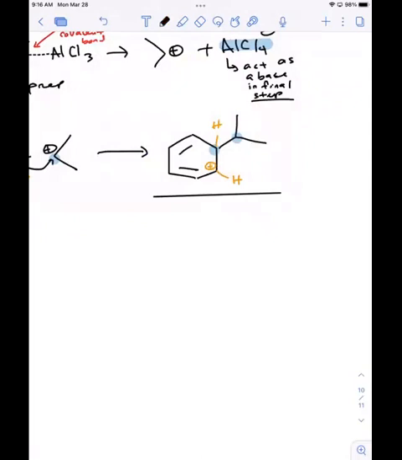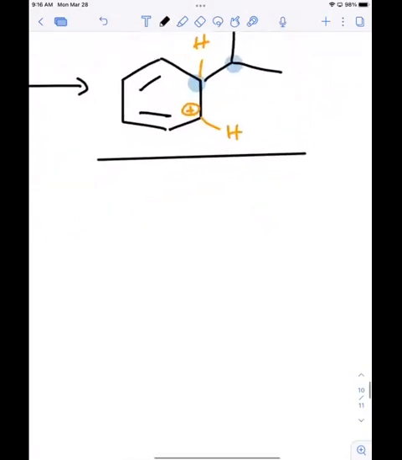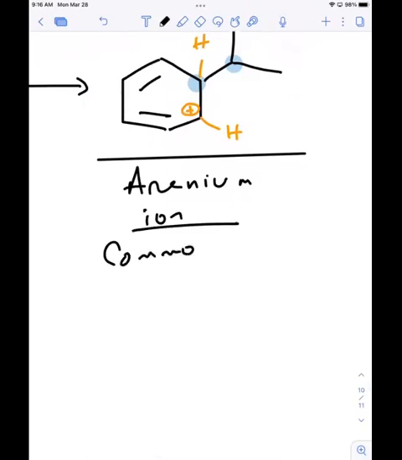So this is a common intermediate to aromatic substitutions, electrophilic aromatic substitution. It's a common intermediate. What's it called? Anybody? We talked about it on Friday. Arenium ion. It's an arenium ion. Good. And that's common to all electrophilic aromatic substitutions.